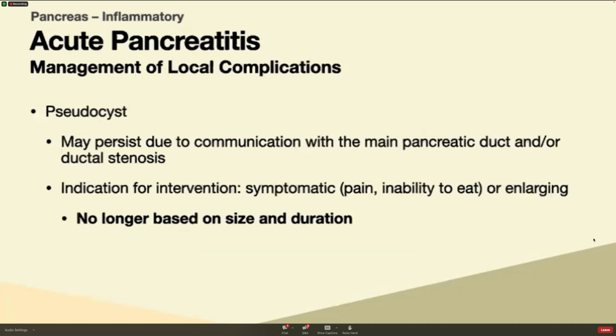For the management of the local complications, for pseudocysts, we no longer base the indication for intervention on the size and duration of the pseudocyst. So what was originally thought was if it's more than 6 cm or more than 6 weeks, if the pseudocyst is persistent, then we have to do an intervention. But nowadays, the indication for intervention is if it is symptomatic or enlarging.